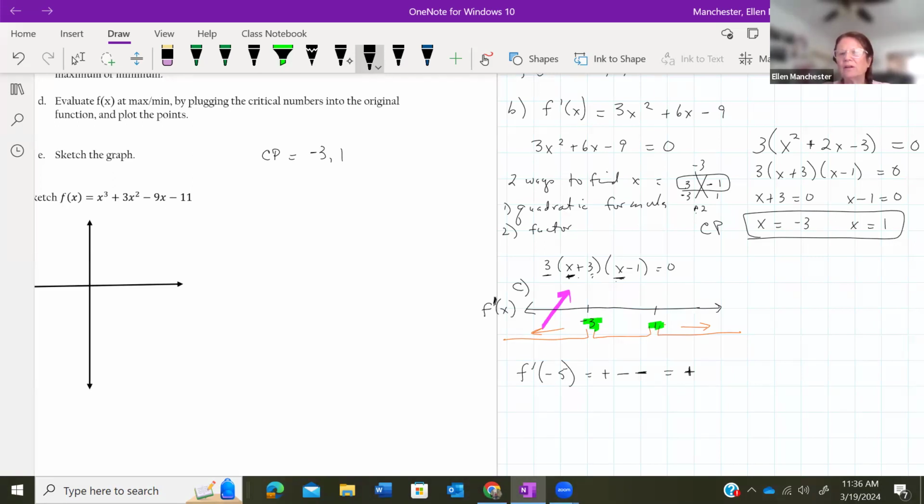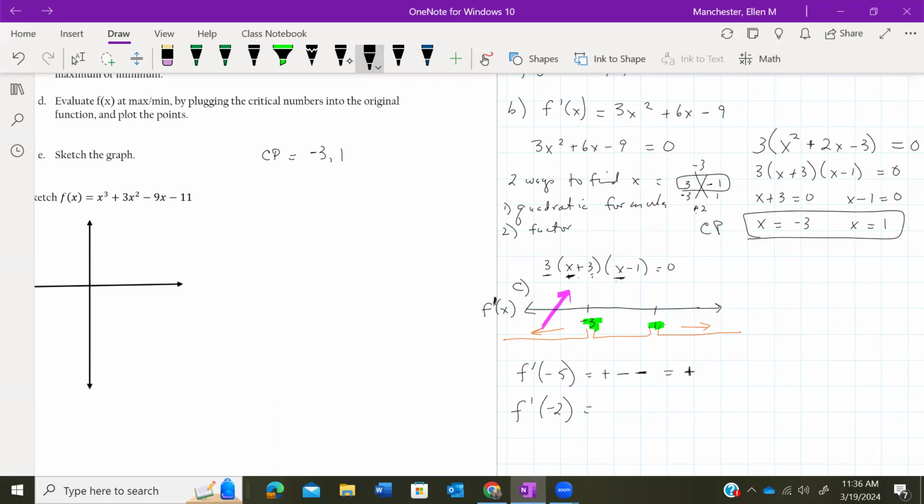All right. So now somebody pick a number between -3 and 1, and let's test it. -2? Okay. So plug it in. My 3 is positive. -2 plus 3 would give me a positive 1. -2 minus 1 gives me a -3.